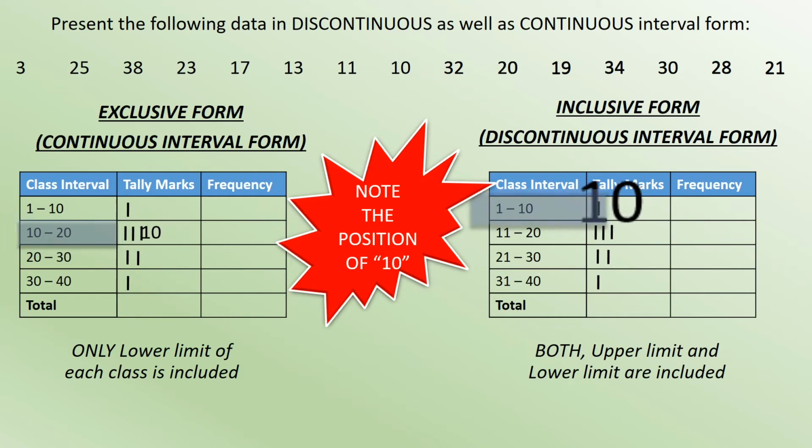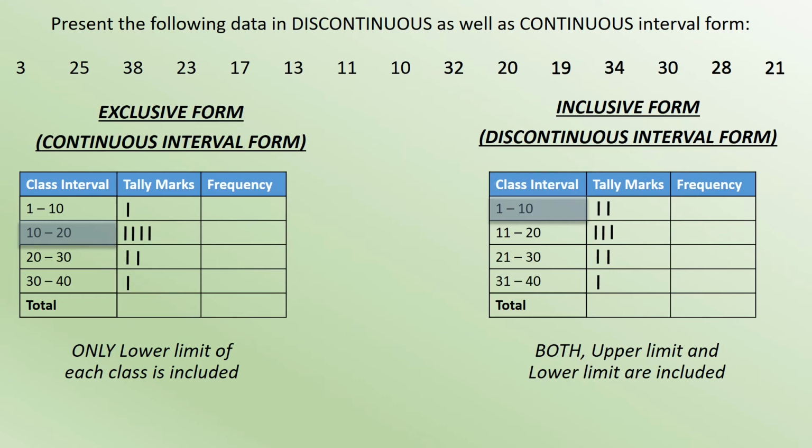You have to be careful while marking the tallymarks for such numbers which are the limits of the class intervals. It is 30 to 40 class interval in exclusive form and 31 to 40 in inclusive form.